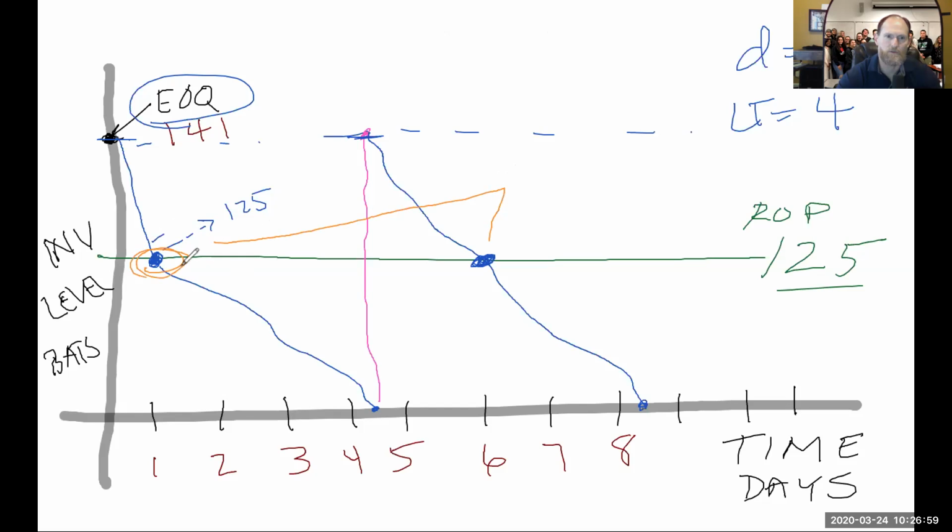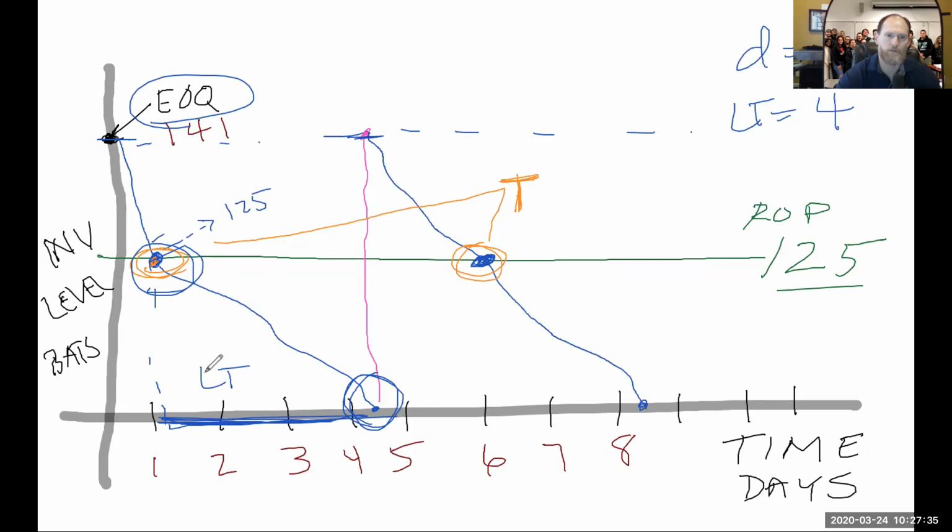So the distance between that point and there is our T, the interval between orders. The distance between here and here, so this time, if we were to drop this down right here, that time right there is lead time.